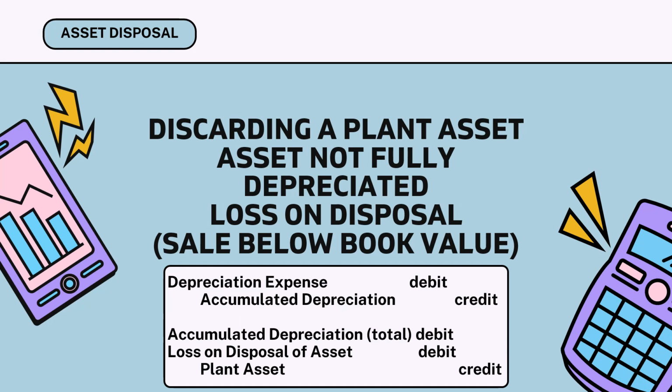When we are discarding a plant asset where the asset is not fully depreciated and there's a loss on disposal, which means the sale was below the book value, we will first complete the depreciation expense entry with a debit and a credit to accumulated depreciation. Then we will debit accumulated depreciation for the total, debit a loss on disposal of the asset, and credit the plant asset.